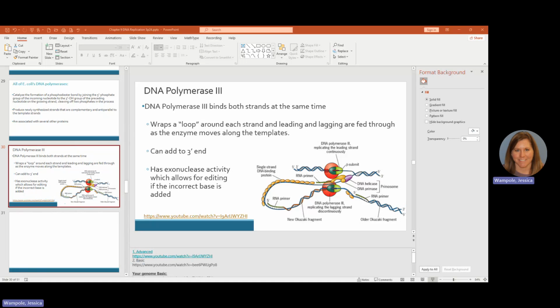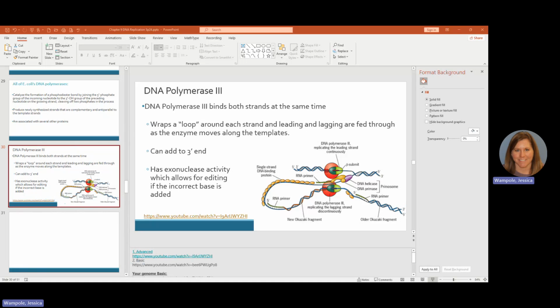All right. This table, I did not give you this table. This is all of the different polymerases that are involved in eukaryotic cells. And I've actually never studied most of them.